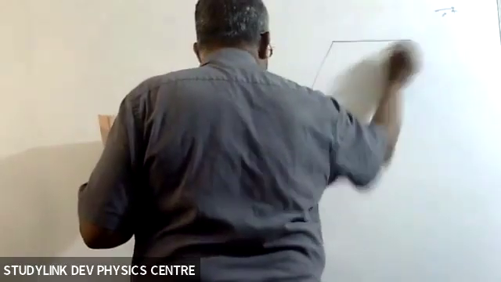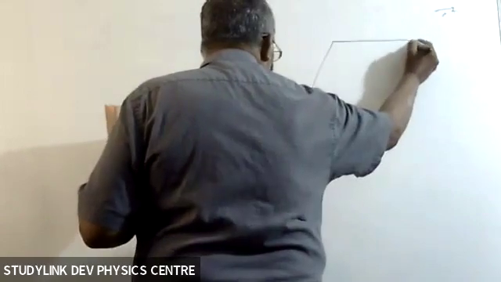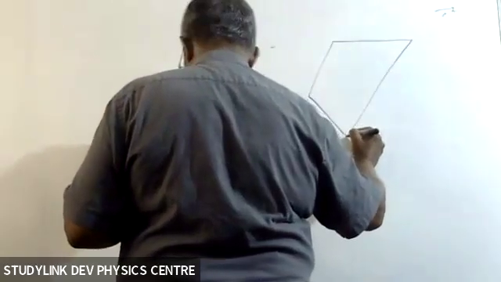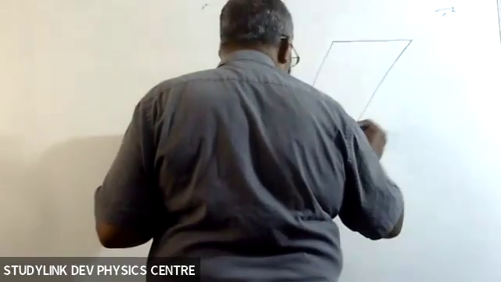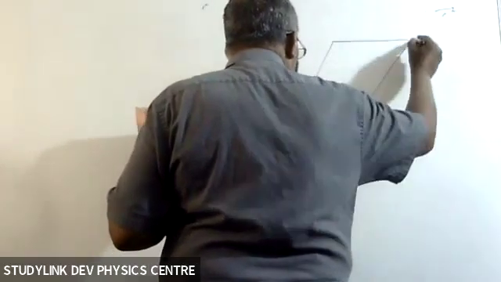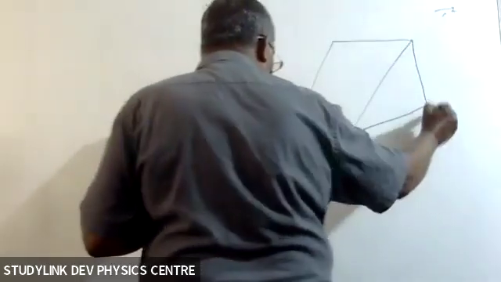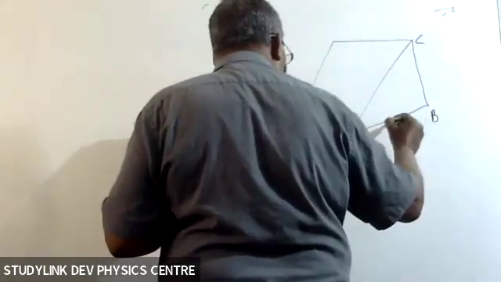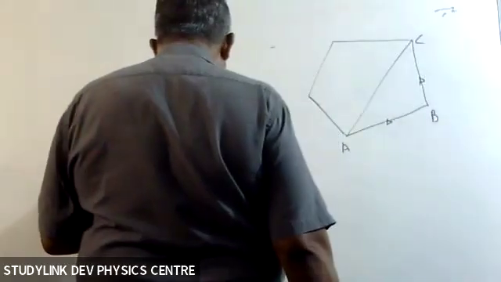After that, you have to draw the diagram. A, B, C. Arrowheads are in that way.